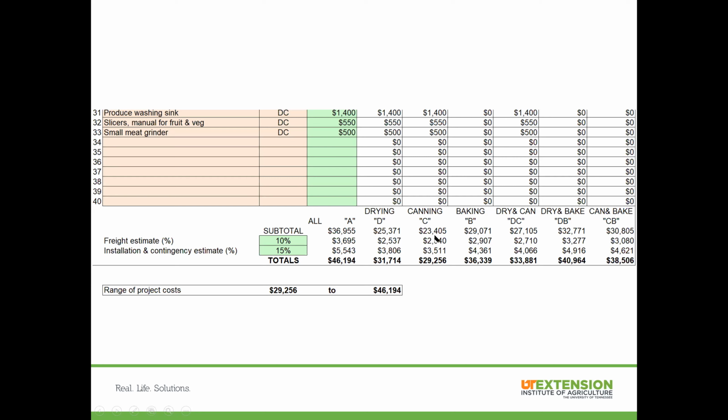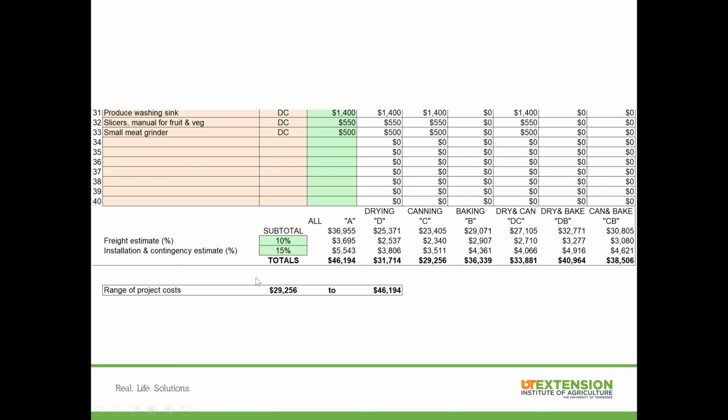So we've allowed 10% for the freight, and also another 15% for installation and contingencies. So once we add the numbers for freight and installation, then we come up with the total cost of the equipment here, as you can see, of $29,000 plus.